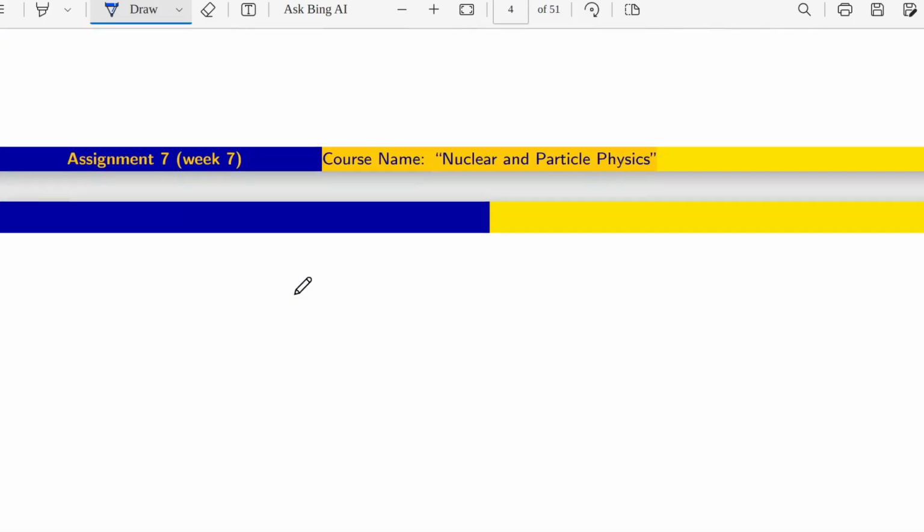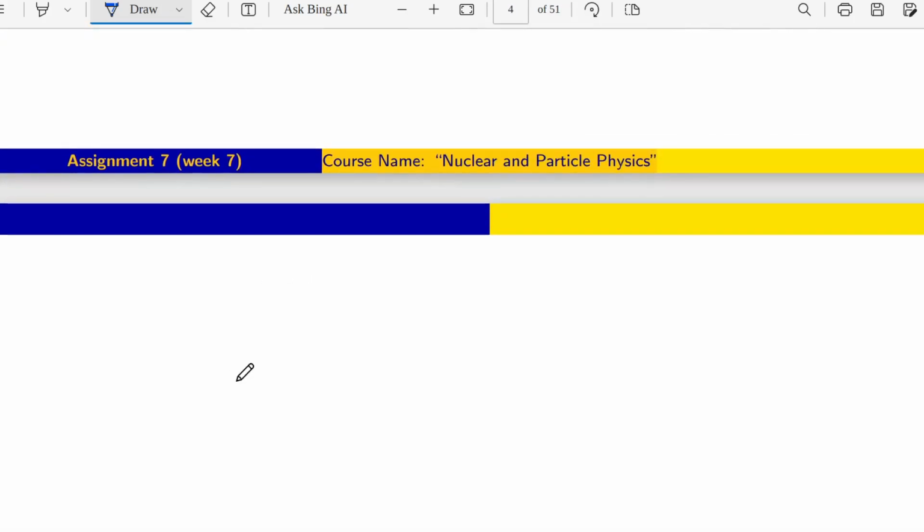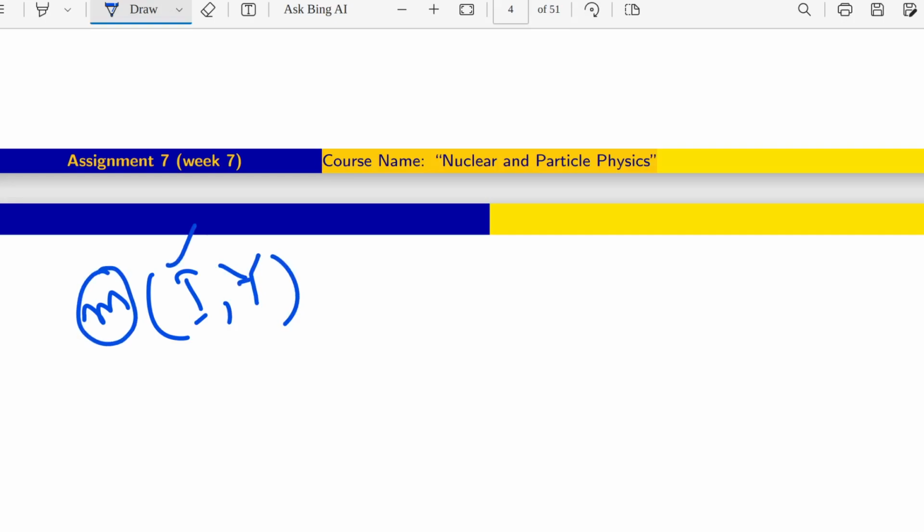So if I write the formula here a little bit, M is the mass of that particle in terms of I and Y, where I is the isospin and Y is the hypercharge. So what will be the value for this? This will be K0. I am just taking the same notation that Sir is using in his class, so that it will be very simple for all of you to understand.